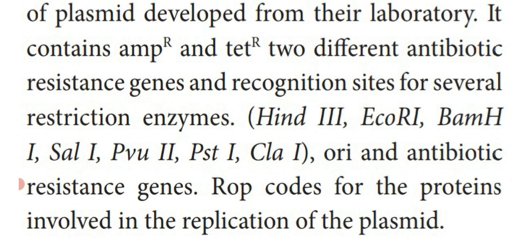Another thing, a vector has 3 features, isn't it? One is the origin of replication, ORI. Another one is the selectable marker. The third one is the cloning site. So this pBR322 contains many antibiotic resistance genes and recognition sites for several restriction enzymes. ORI and antibiotic resistance genes are present.